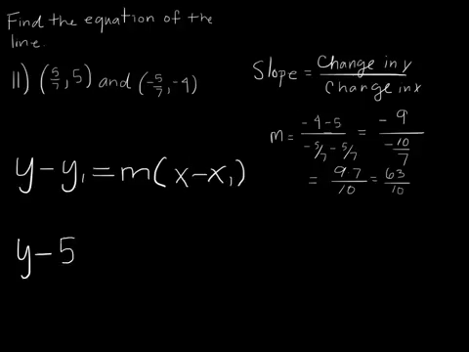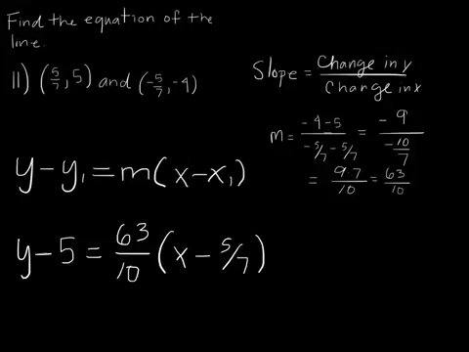So I'm going to go ahead and go with the first point. The slope we just figured out is 63 over 10. And x1 is 5/7. Just make sure you get the right x1, the right x value to match the y value. So either both of these or both of these. And now we have our answer.